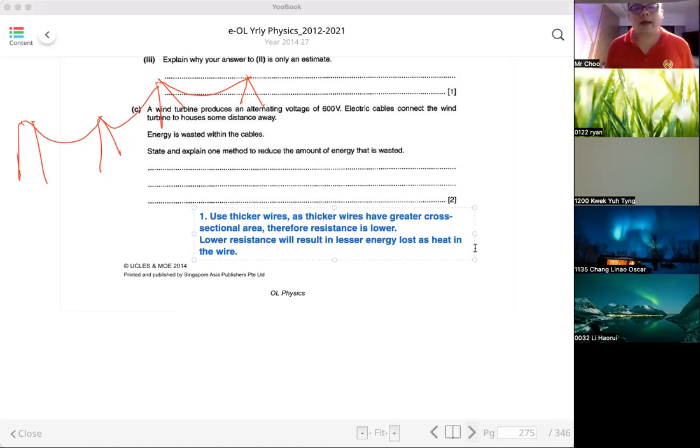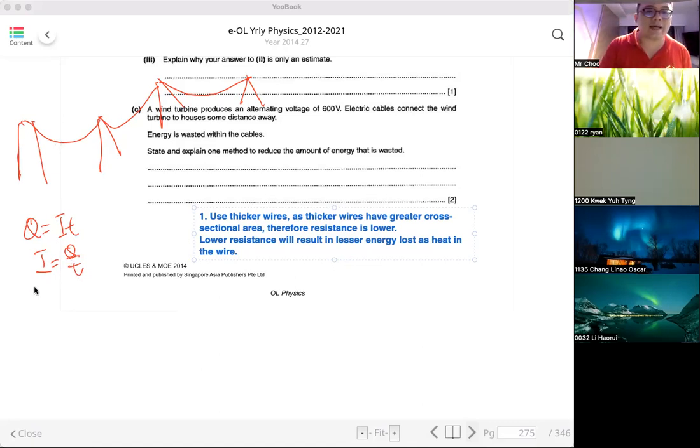So what can we do to minimize losses? We have learned what current is. I is Q over T: the amount of charges passing through the point every second.